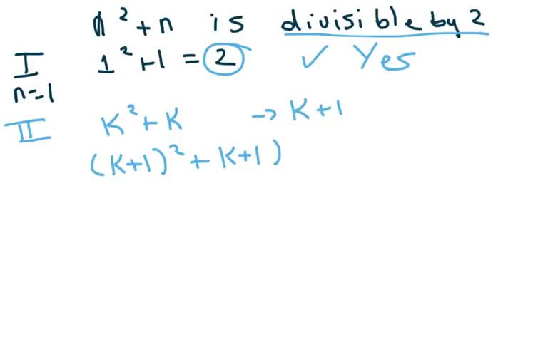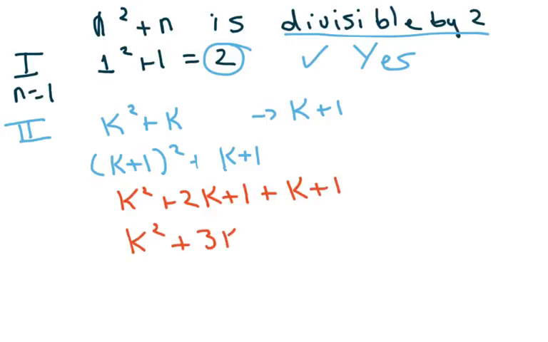I don't need the parentheses here, but I'm going to clean this up and factor. So this would be k squared plus 2k plus 1 plus k plus 1. Now clean it up: k squared plus 3k plus 2.